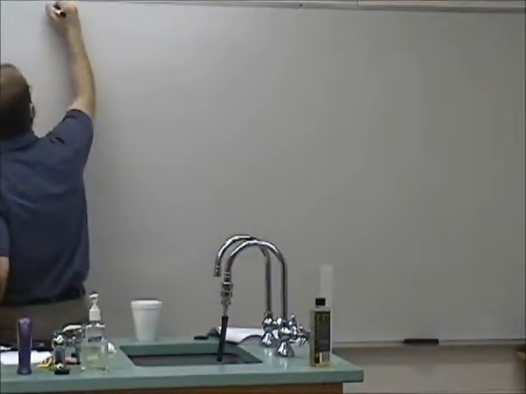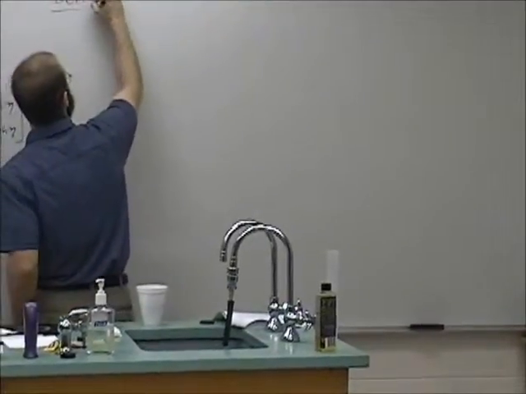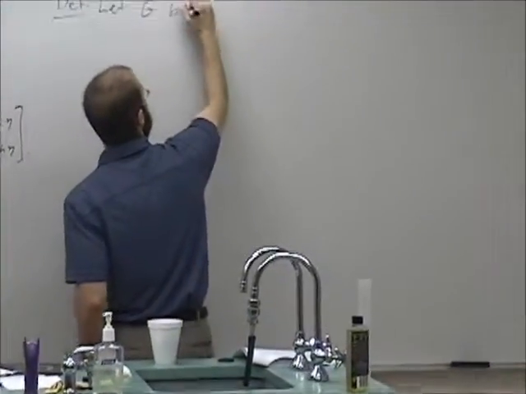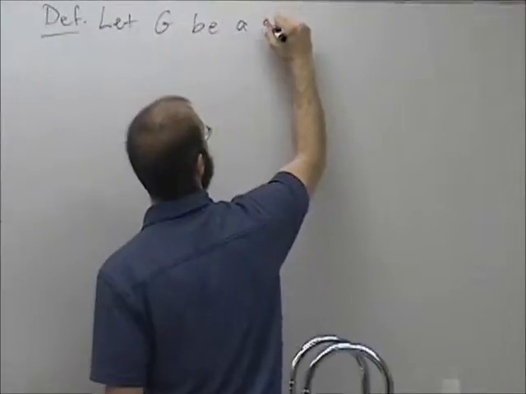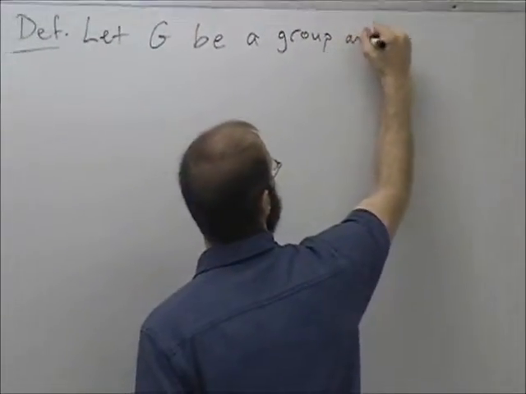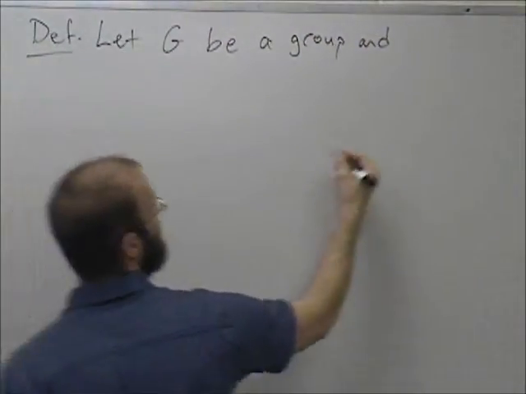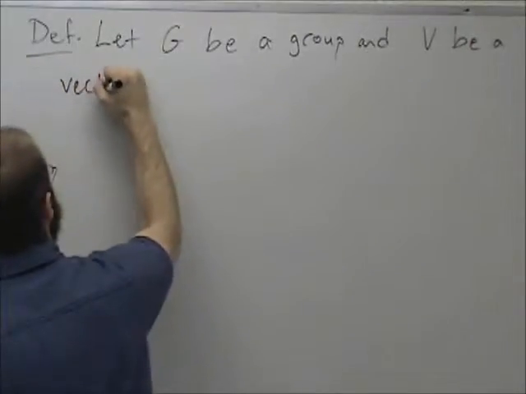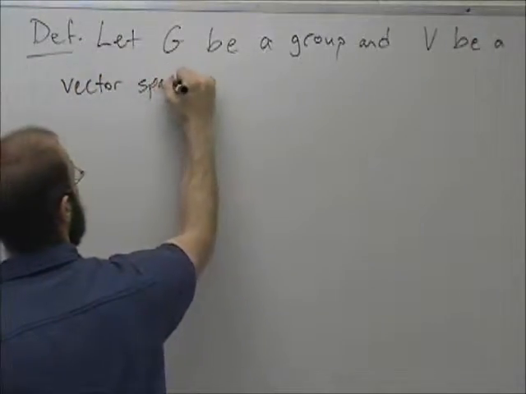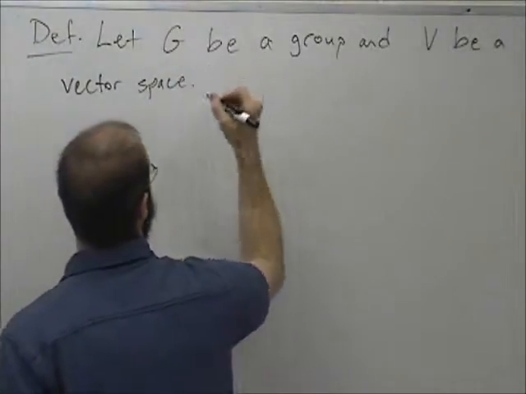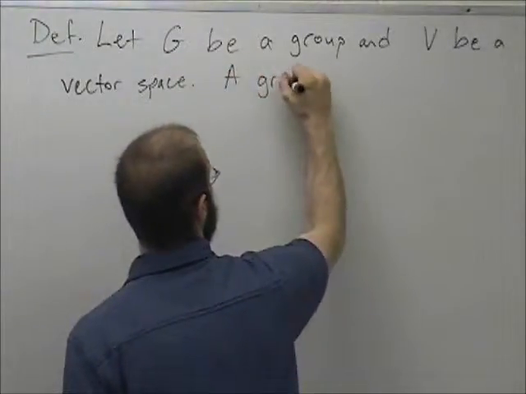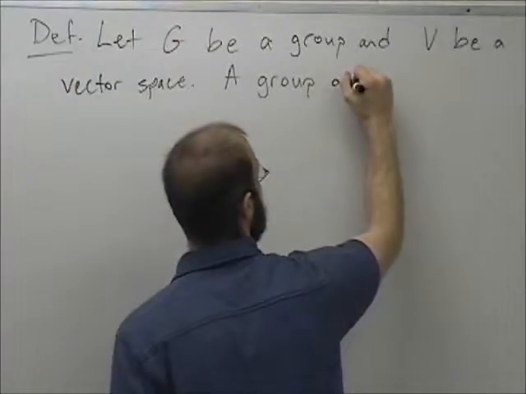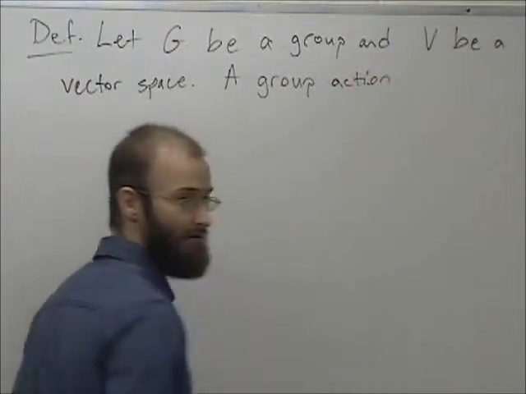All right, so the definition of a group action. You need a group, and you need a vector space. A group action. And there are other types of actions.